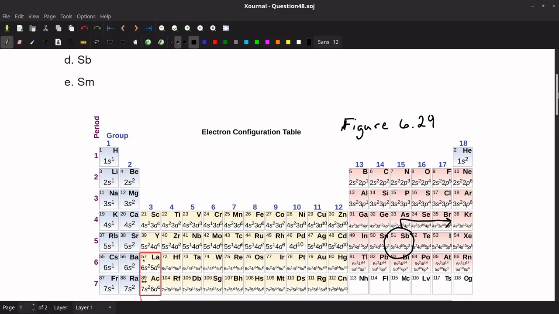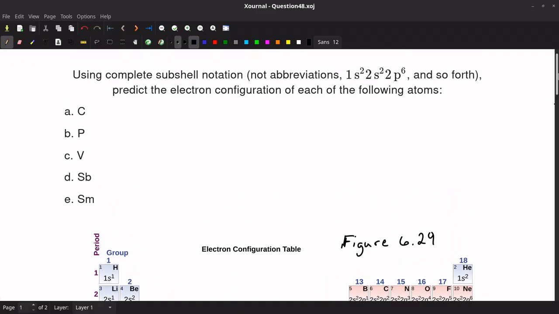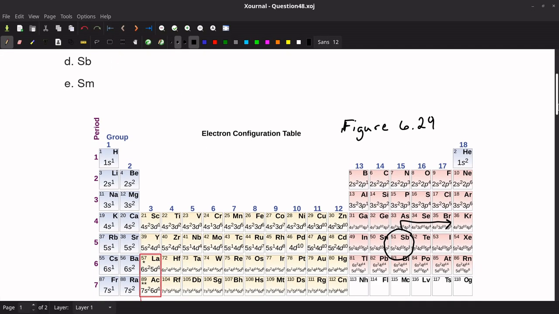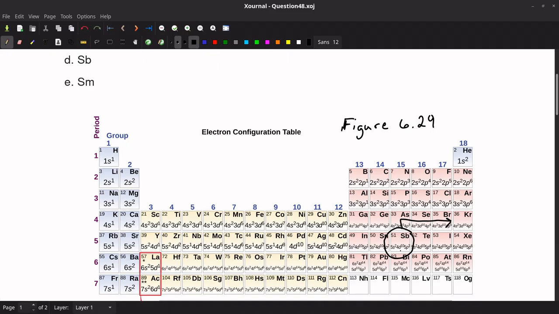So antimony, Sb, is going to have a krypton core, and its valence is going to be 5s2, 4d10, 5p3.